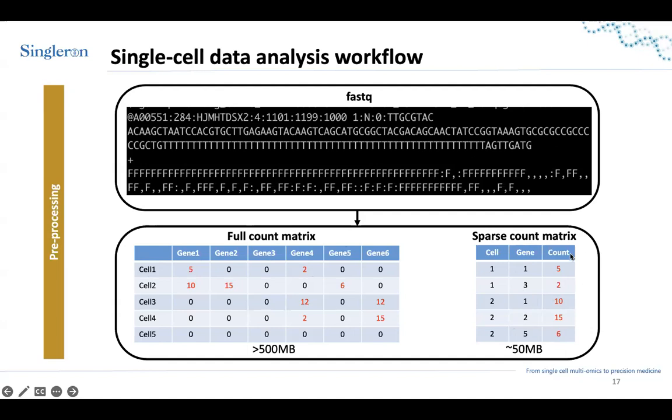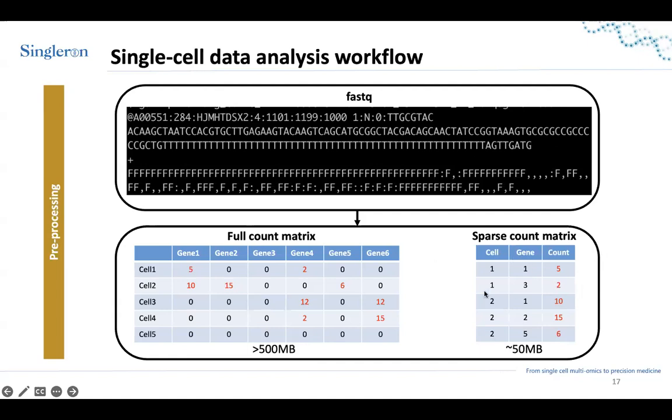Okay, so in this way, you basically save some memory. Your initial data that was maybe more than 500 megabytes will become 50 megabytes. I think this is true for 1000 cells approximately. If you have a higher number of cells, of course, your data will also be larger, but this ratio is more or less a factor of 10.